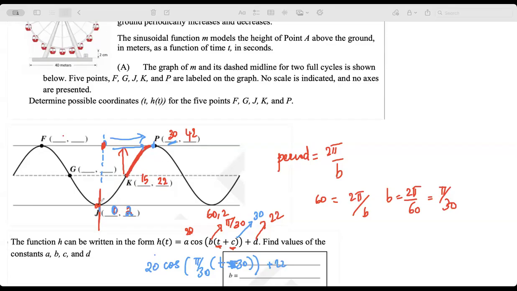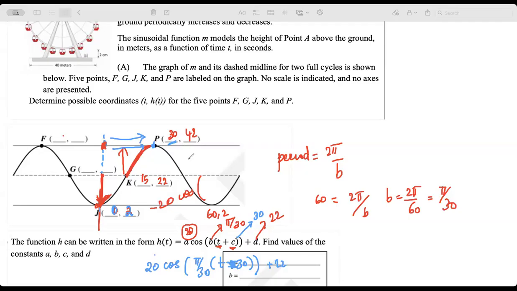At point 0, you put your amplitude as minus 20, because it goes down instead of going up. A cos curve should have the maximum amplitude at 0, but it has the minimum amplitude.